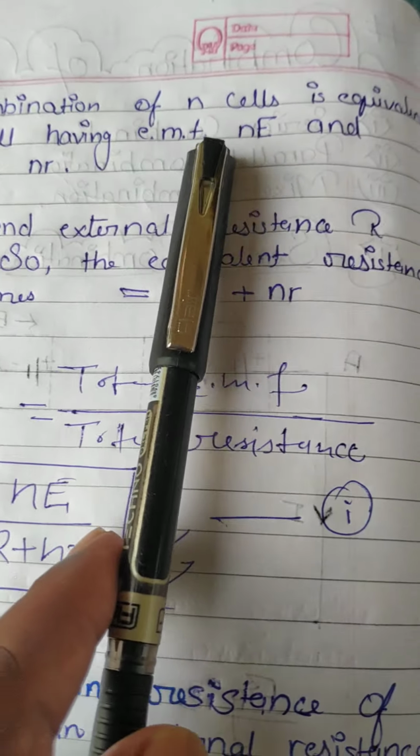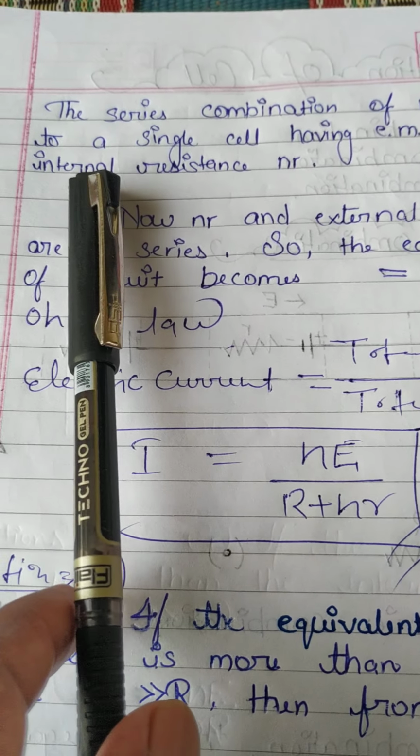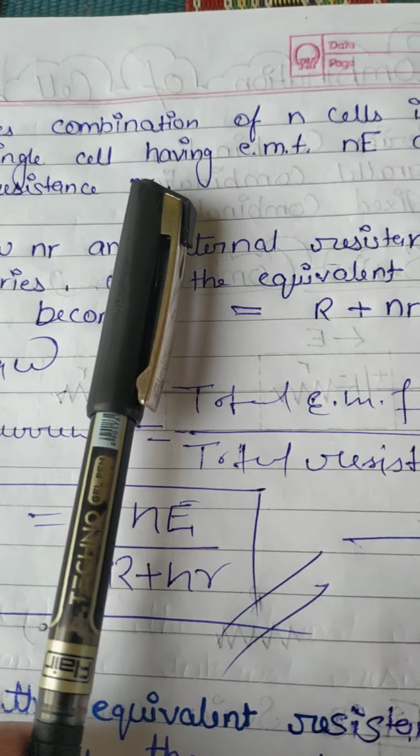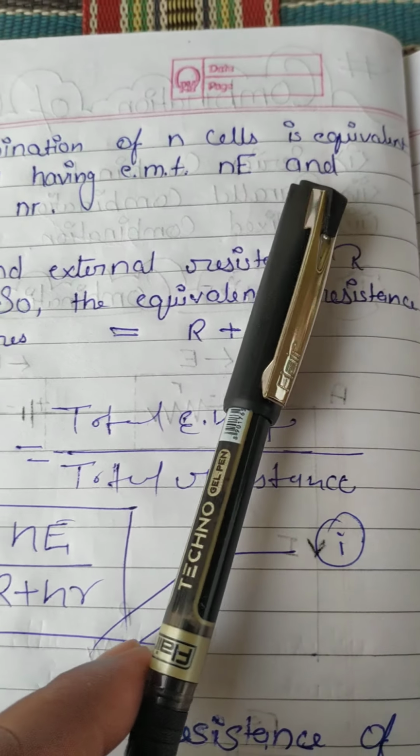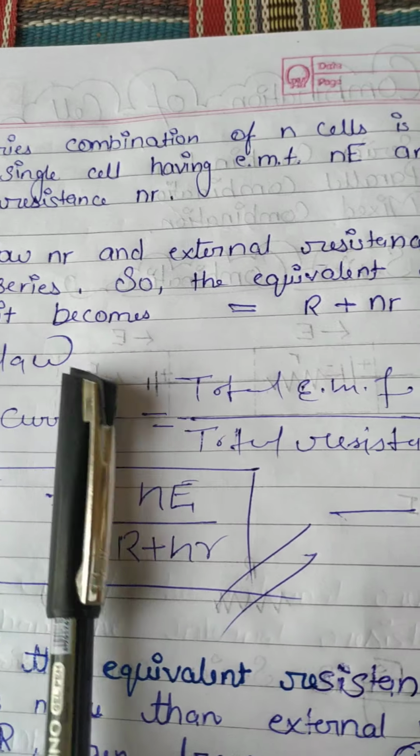The series combination of n cells is equivalent to a single cell having EMF nE and internal resistance nr.